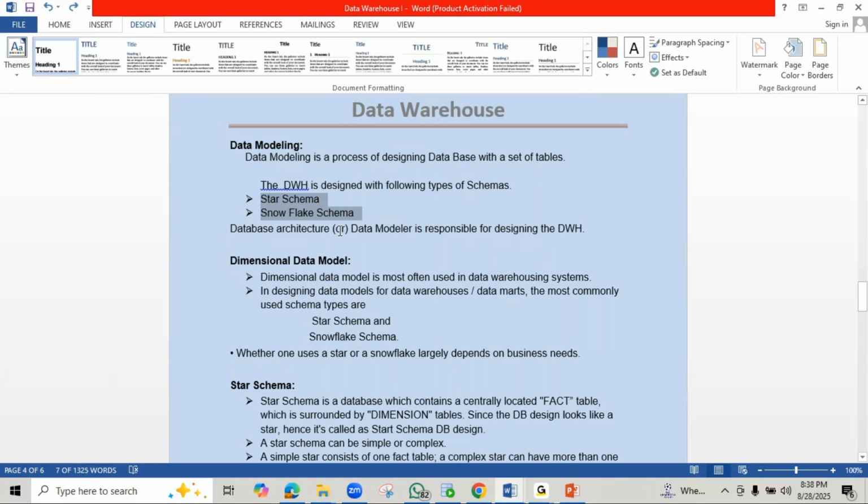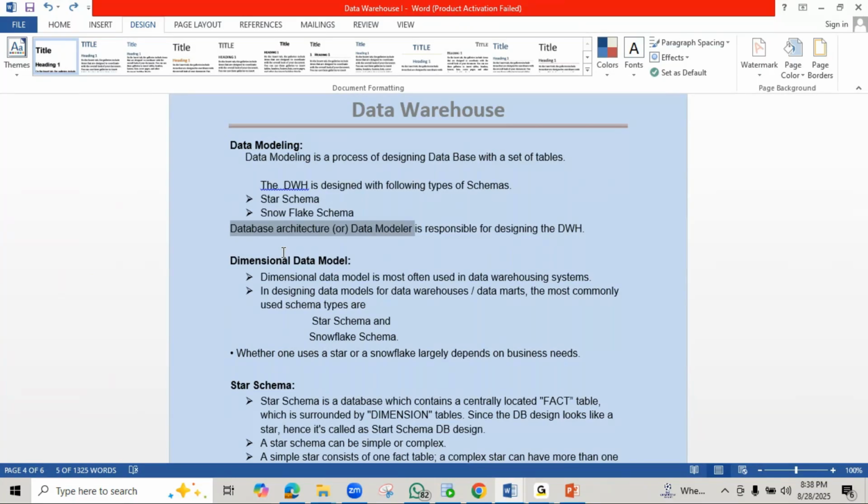Okay, so then whose headache is it? Designing the star schema or snowflake schema. Designing the star schema or the snowflake schema will be the responsibility of the architect or modeler. Correct. In the same manner, you are sending the message hi.